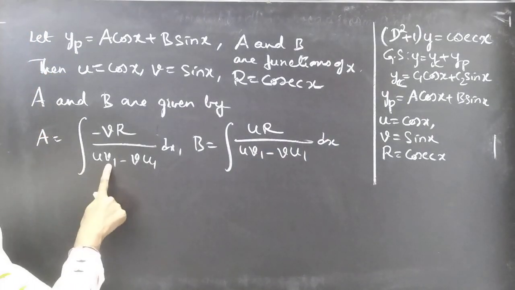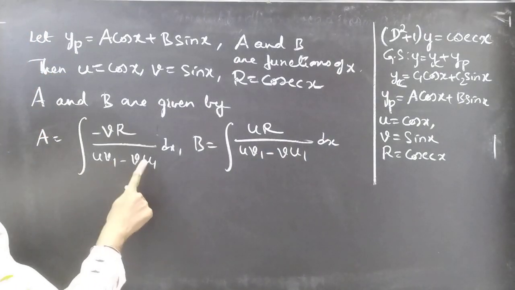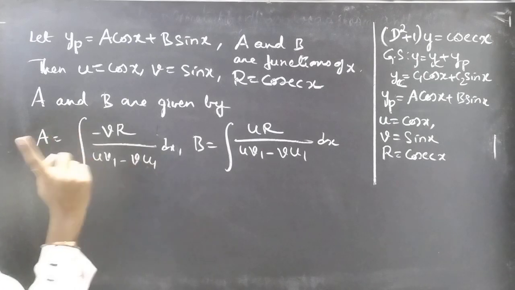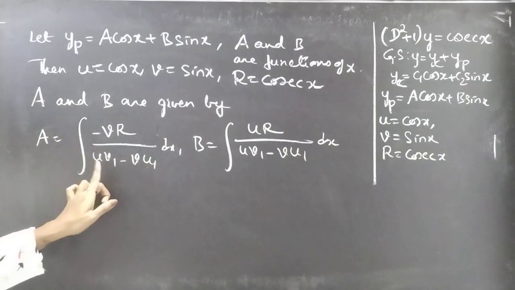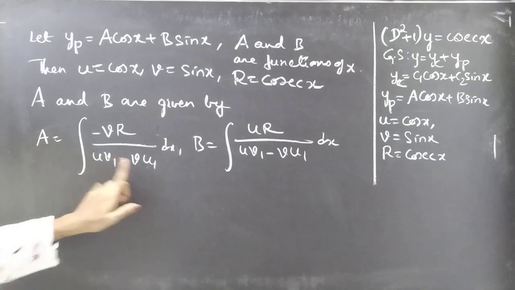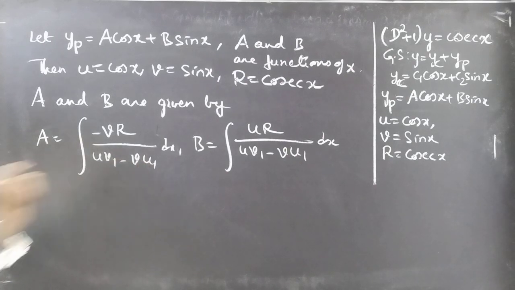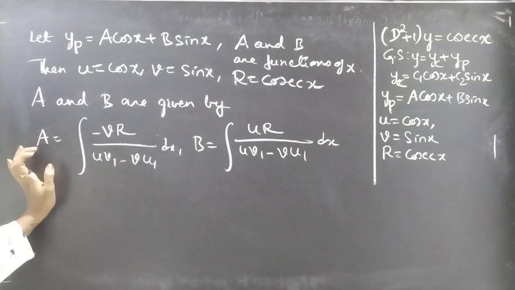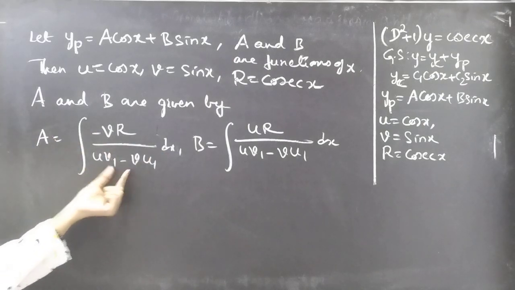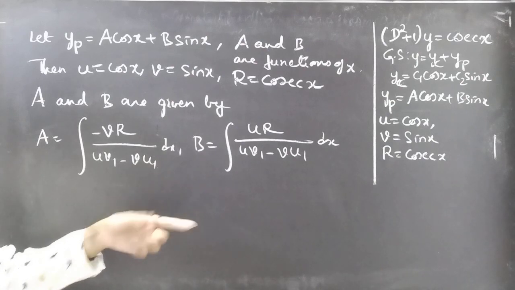Here v1 is the first derivative of v with respect to x, and u1 is the first derivative of u with respect to x. Okay, so in order to find the functions a and b, we'll firstly find u v1 minus v u1.